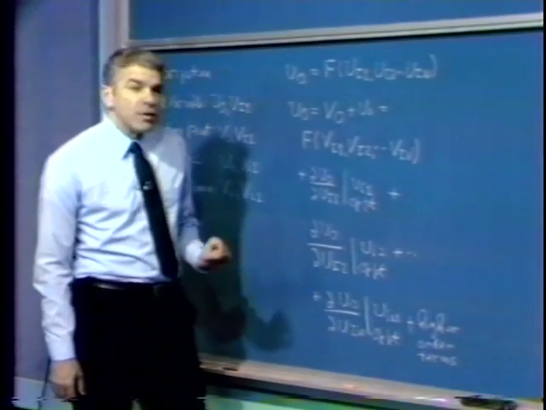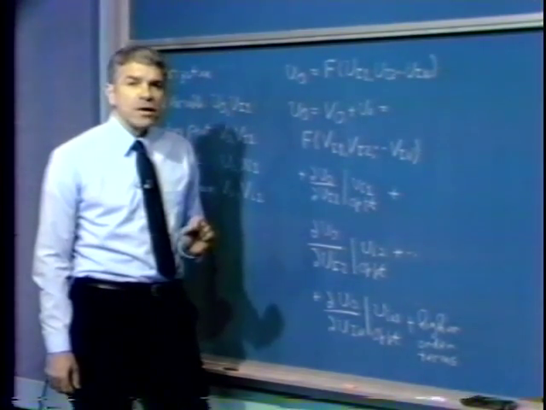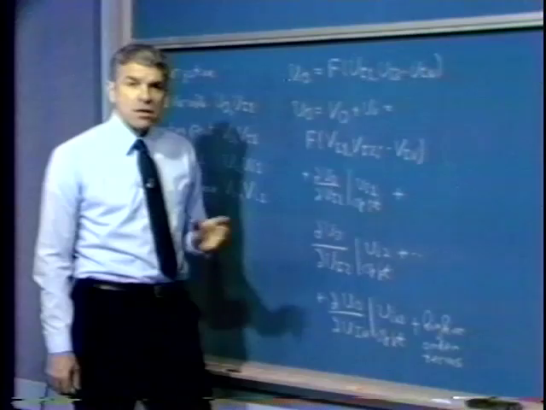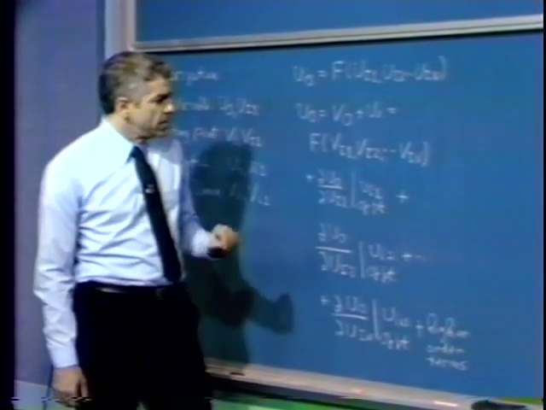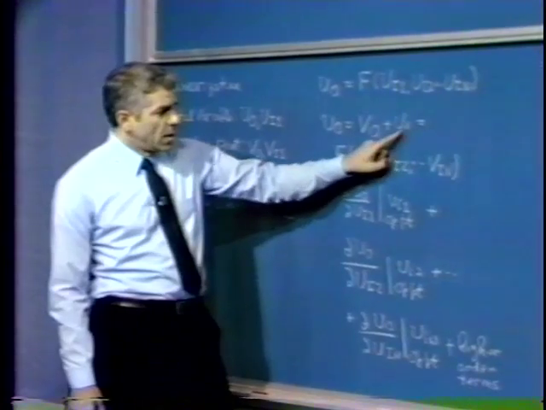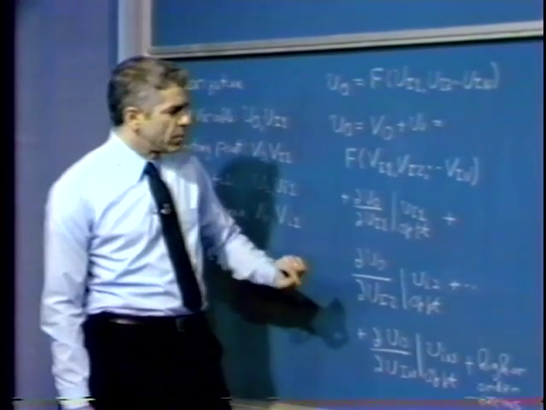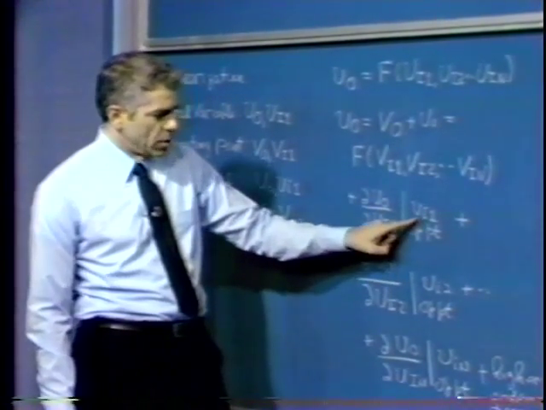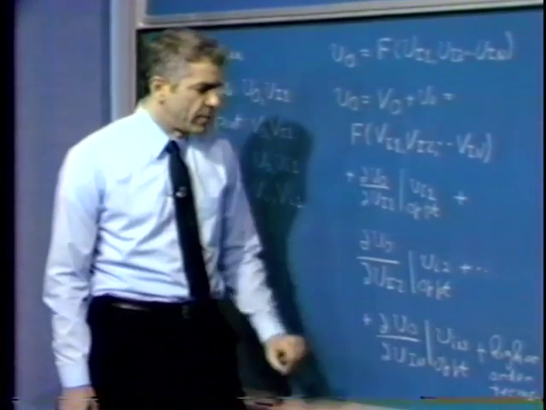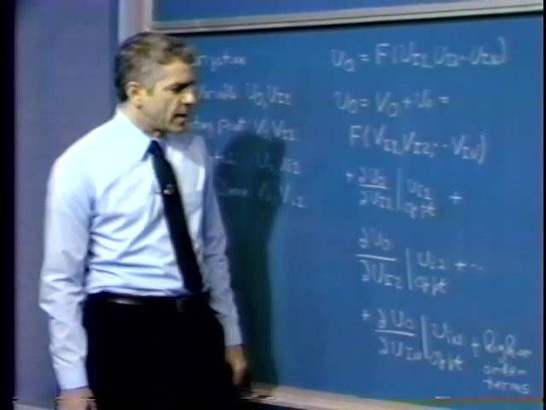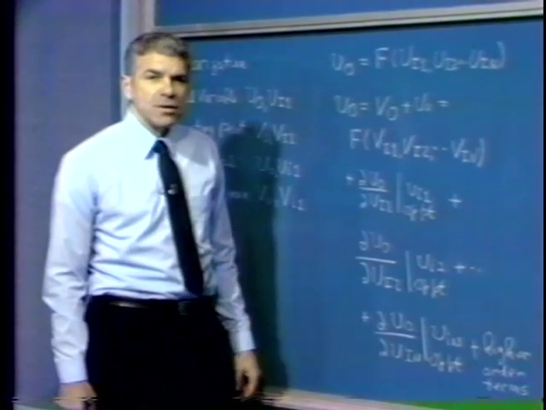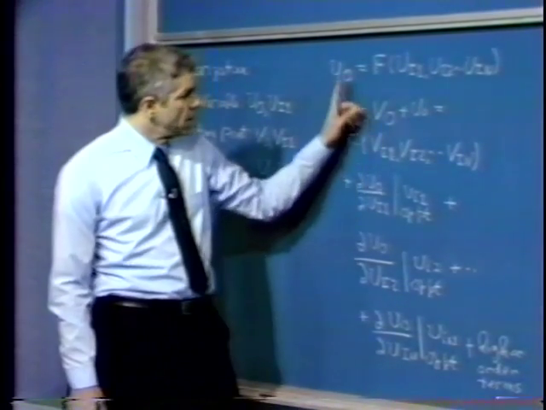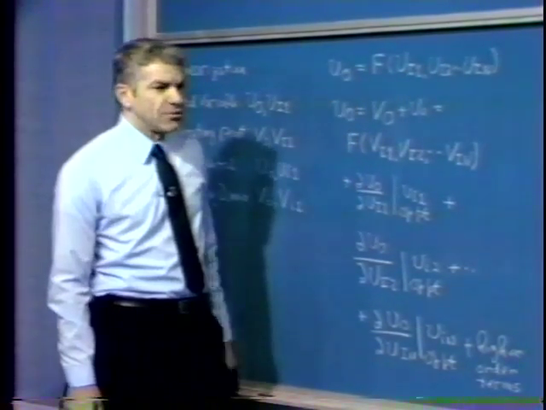And if we restrict ourselves to sufficiently small variations in input variable, we argue that these second order and higher terms can be neglected, and we can then base our approximation on the argument that the incremental change in the output voltage is simply given by the various first order partial derivatives multiplied by incremental changes in the various inputs. And so we can use that truncated Taylor series expansion to develop a linear set of equations that describe our input to output relationship.